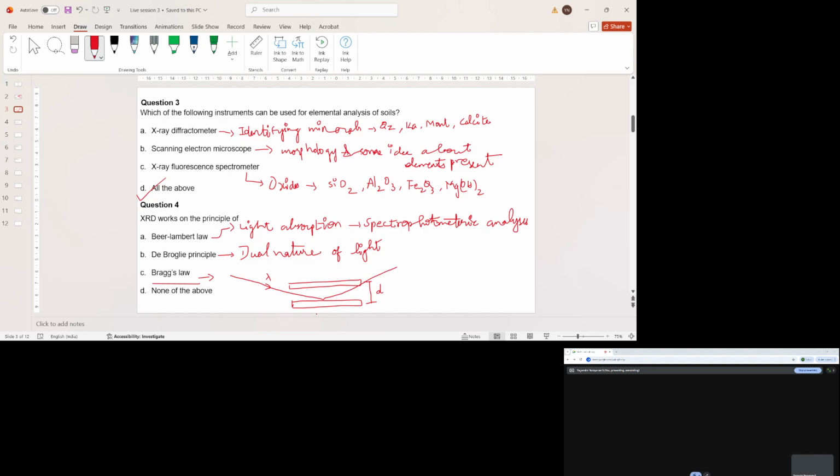It gets incident at the angle theta, and the order of the X-rays, let it be n. So the relationship exists like n lambda is equal to 2d sine theta.